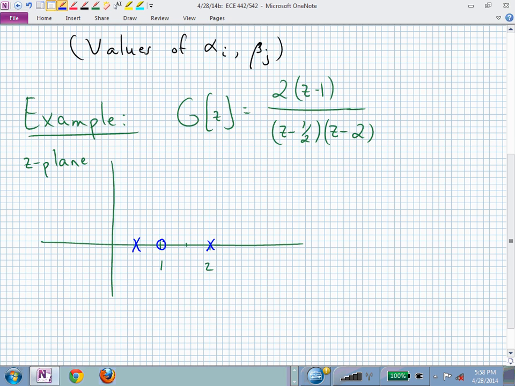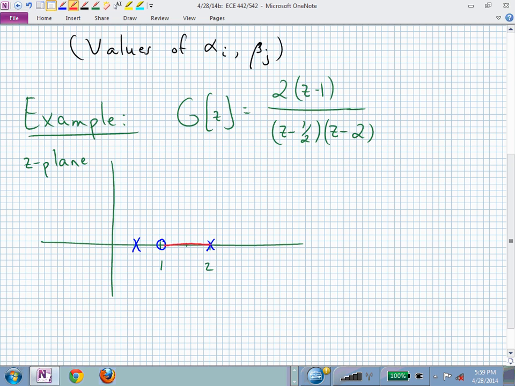And you're using unity negative output feedback, which says that the real line segments that belong to the root locus have to have an angle of minus 180. If that's the case, then if we just tried to control this system with a gain, we would have a branch there. How many branches are we going to have?